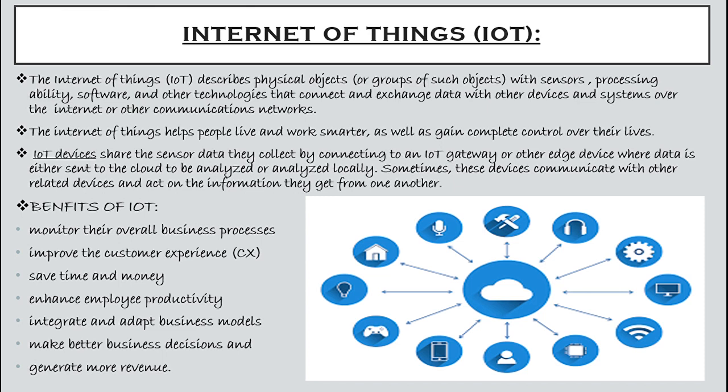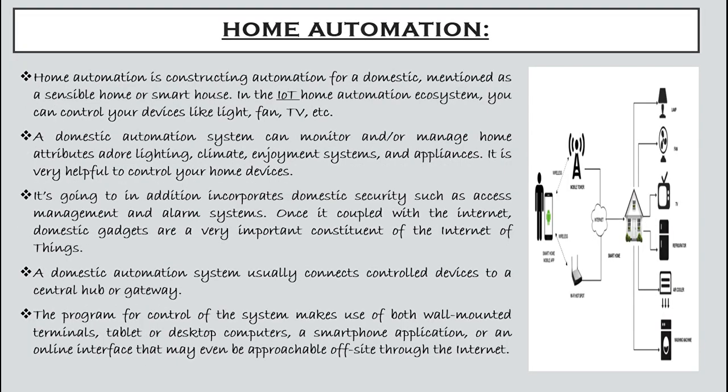Let's see what home automation is. Home automation is constructing automation for domestic purposes such as a smart house and sensible home. In IoT, the home automation ecosystem can control devices like fan, light, TV, and so on.